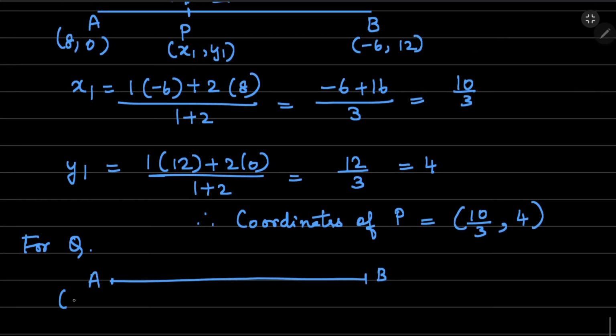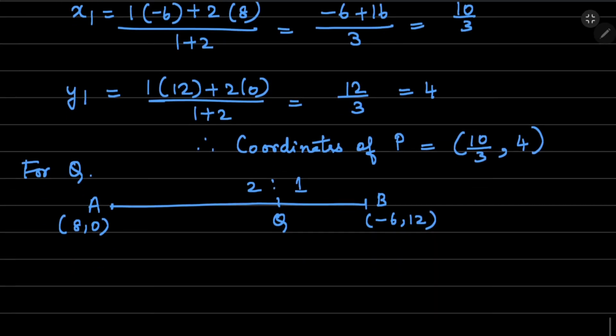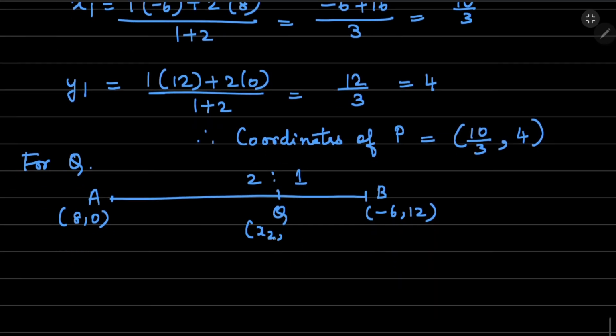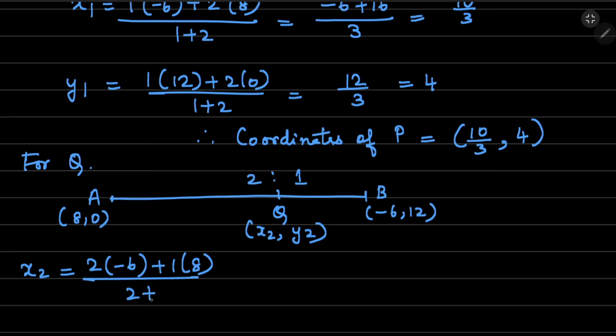AB, what are the coordinates? 8 comma 0 and minus 6 comma 12. So let this be the point Q, dividing AB in the ratio 2:1. Let the coordinates be x2 comma y2. So what is x2 equal to? x2 will be equal to 2 into minus 6 plus 1 into 8 divided by 2 plus 1.